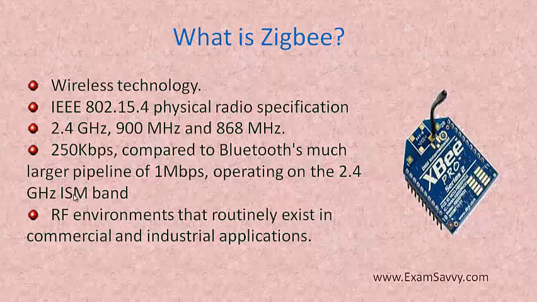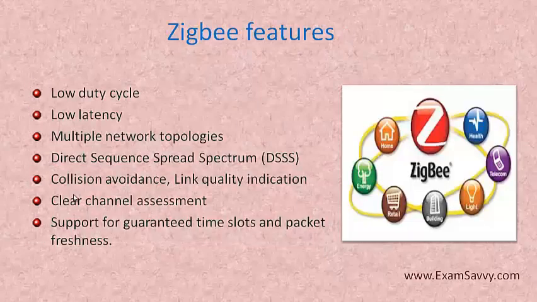These are the main features we'll see. The main use of ZigBee, why we are going for it, is low power consumption. The power consumption is less, and it also has a low duty cycle, latency is less, and multiple network topologies. So we can use connections like point to point, point to multi-point.